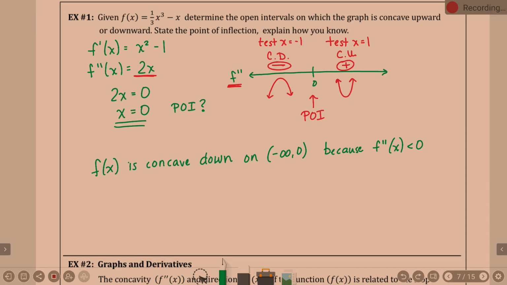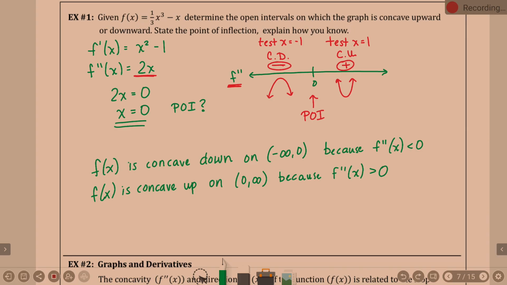We can do a similar statement for concave up. f of x is concave up on the interval 0 to infinity, and that is because the second derivative is greater than 0.